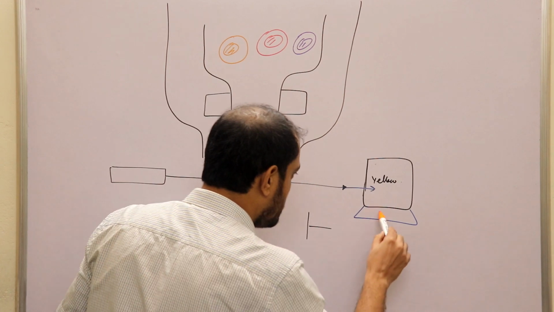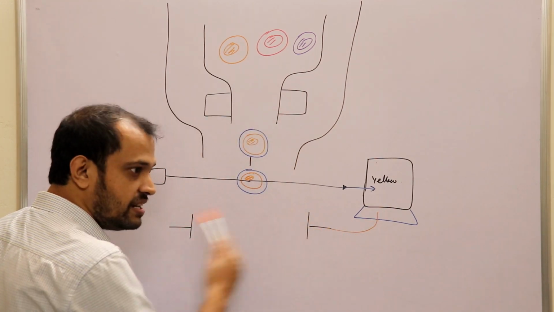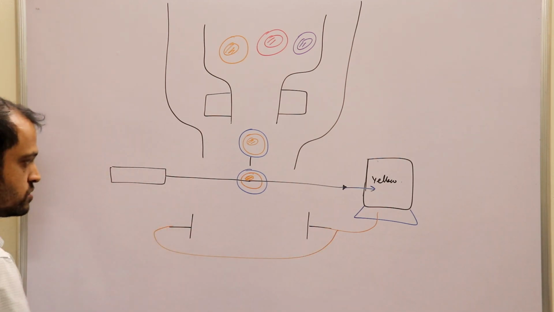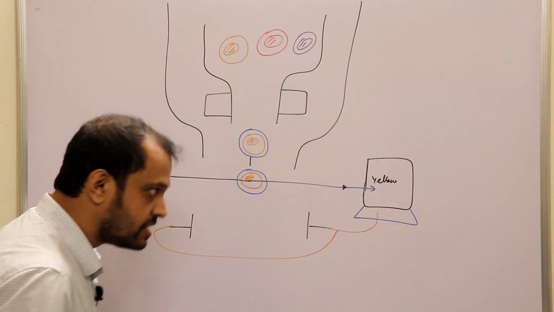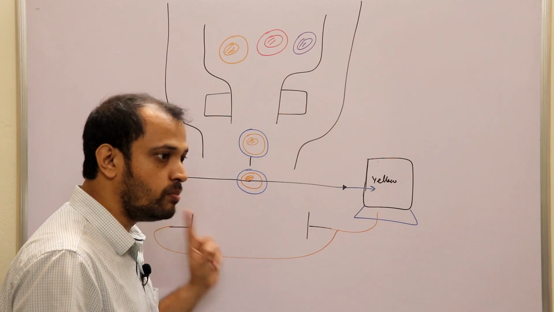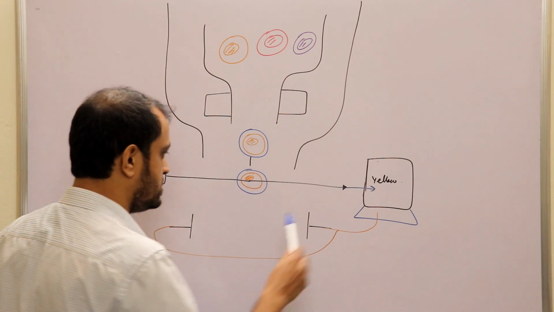Now the computer sends signals to these electrical circuits that this is a yellow cell, therefore you must take positive charge. That means these are now positively charged.